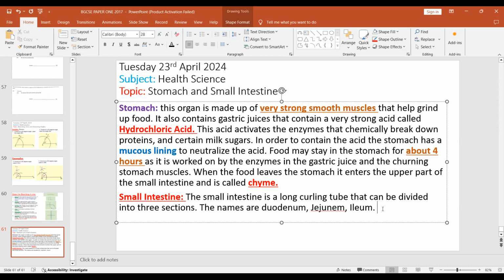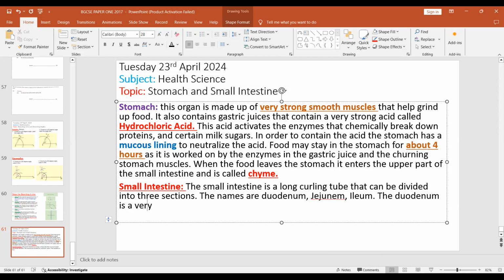The first one is basically the upper part of the small intestine. So the duodenum. The duodenum is a very long, so not long, very short part of the intestines.